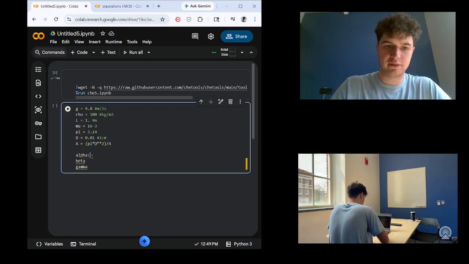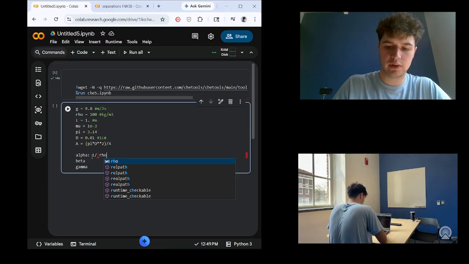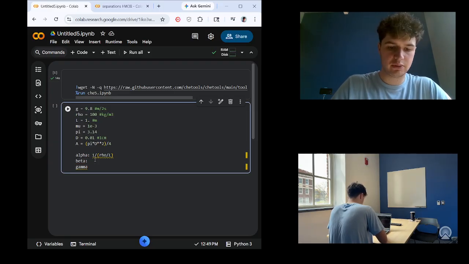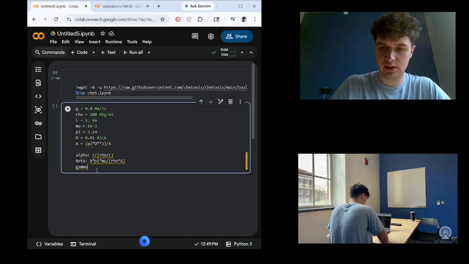Now we're going to set our alpha equal to 1 divided by rho times length. And again, all of these equations are from what we derived on the iPad before. Beta is equal to 8 times pi times mu divided by rho A. And then lastly, gamma is g divided by L.